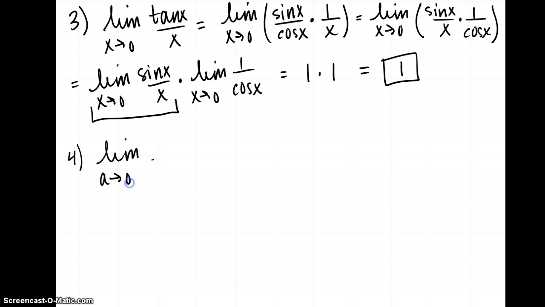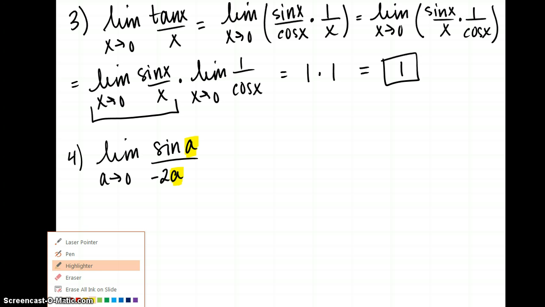Okay, limit as a approaches 0, sine of a divided by negative 2a. Remember this limit statement, the rule, whatever follows the trig function has to be the same as the denominator. We can't introduce numbers that follow trig functions.